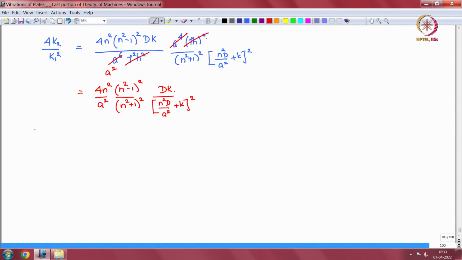Okay, and as n goes bigger and bigger, the n squares cancel off. I have an n squared over here and an n fourth over here, so it is proportional to 1 over n squared, which goes to 0.